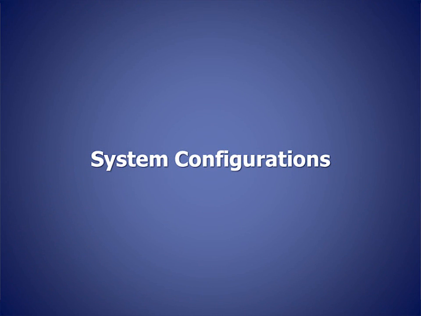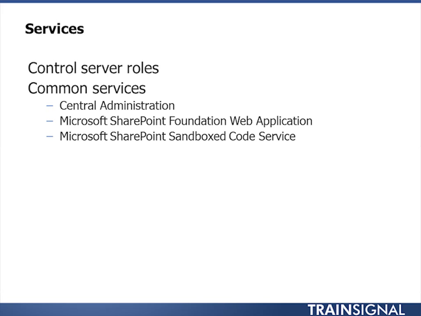Now that we've seen how we can use central administration and PowerShell, let's actually get in and see it in action, shall we? After deploying SharePoint, one of the things that you're going to find you need to devote a fair amount of attention to is optimizing the performance of SharePoint. And one of the biggest ways that you're going to do that is by controlling which services are executing on which servers.